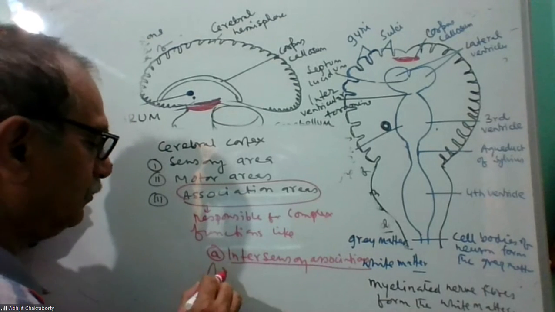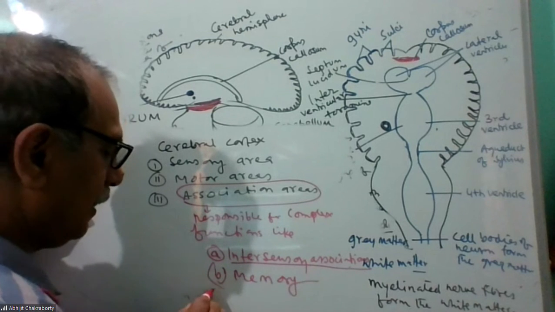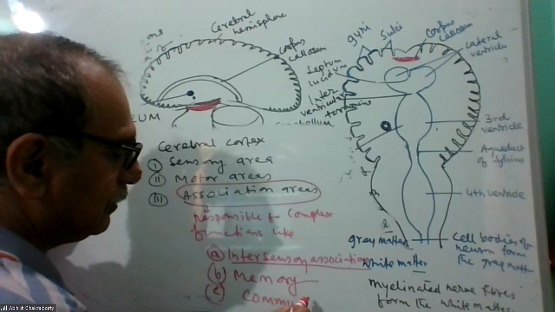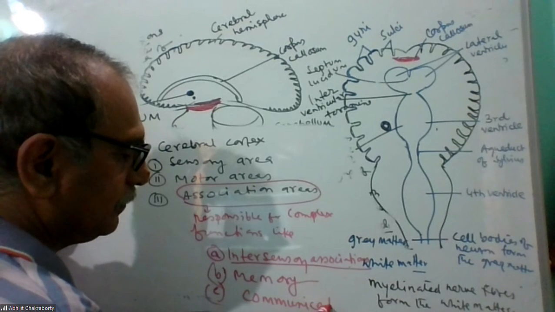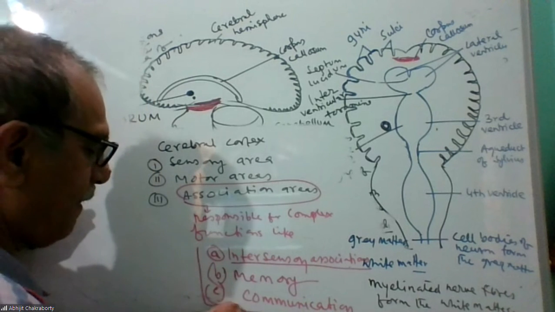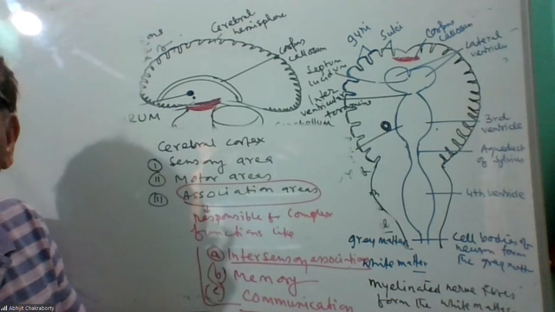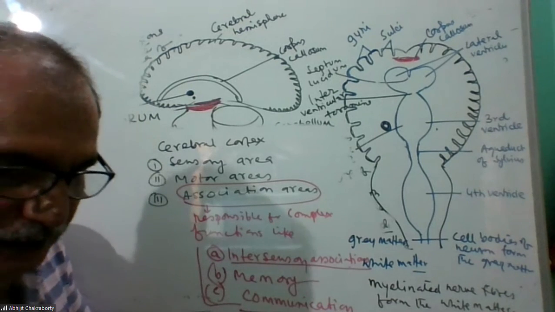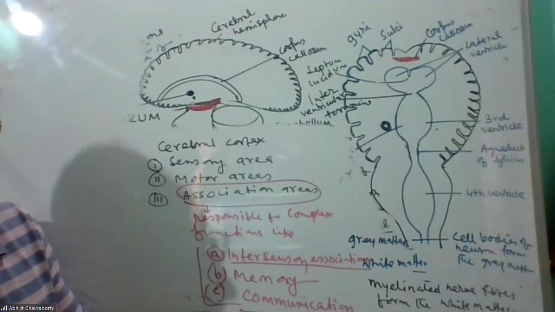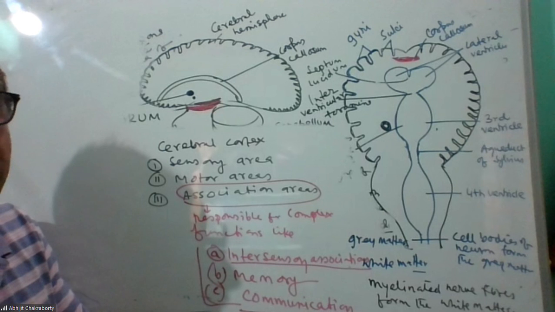Point 2, memory. Point 3, communication. Intersensory association, memory, and communication. Is it clear to you?